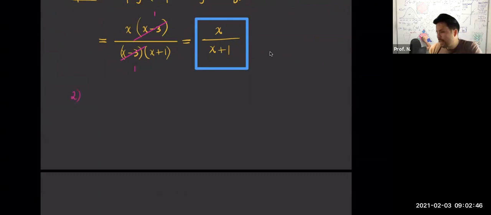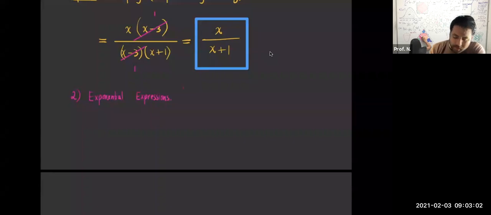So the second kind of thing that I want you to be able to simplify are exponential expressions. In particular, I want you to be able to deal with fractional exponents, and negative exponents.